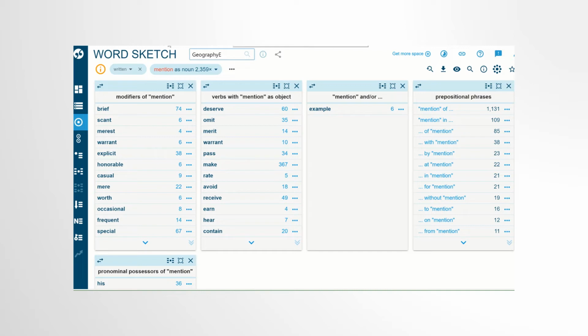We now collect all of these in a Word file, for instance, and try to find out how much variation there is on the surface. But of course, as I've said before, the underlying meaning of this particular discourse marker is always identical.